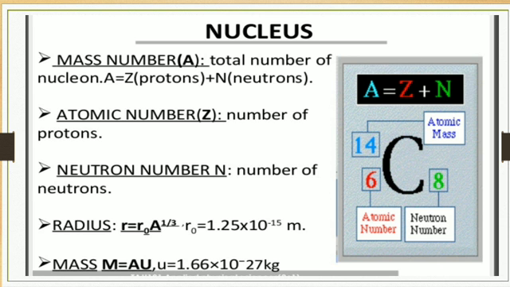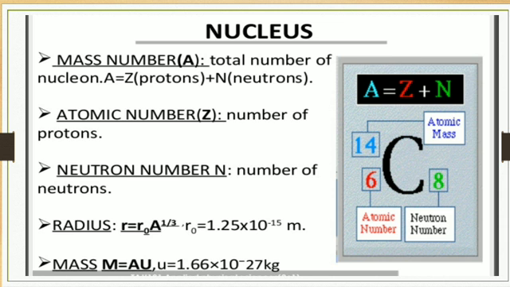Now the mass: A is in atomic mass units, where 1 u is equal to 1.66 into 10 power minus 27 kg. The unit of the mass of the nucleus is the atomic mass unit.